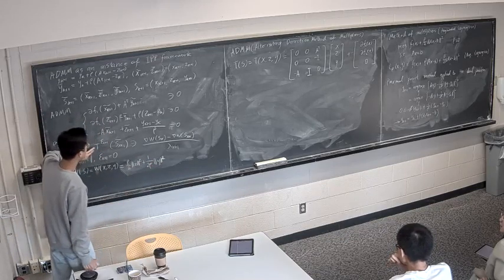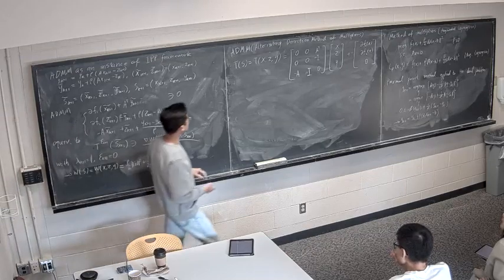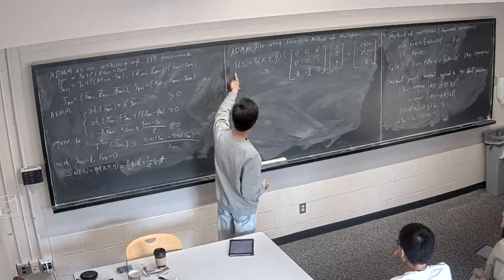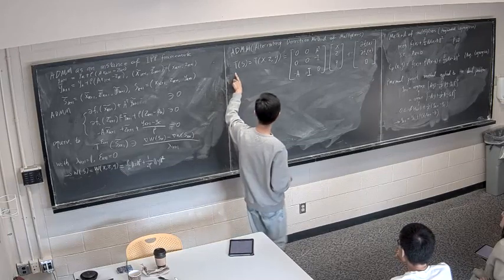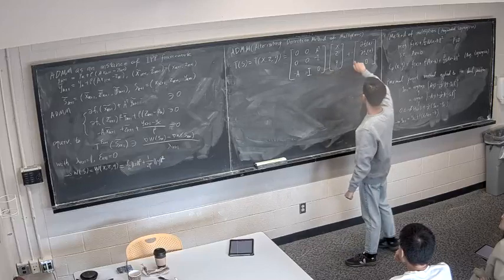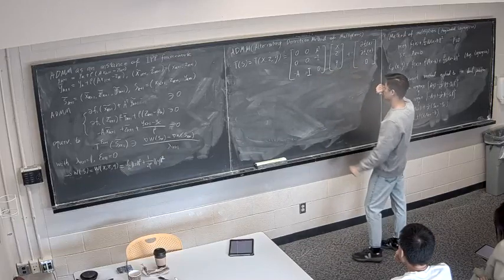And also the T is complicated. This T is actually similar to the T we have in the Chambolle-Pock method. It's just that we didn't specify what T is there. But you can see here, T has two blocks.